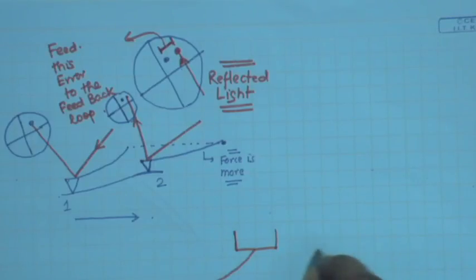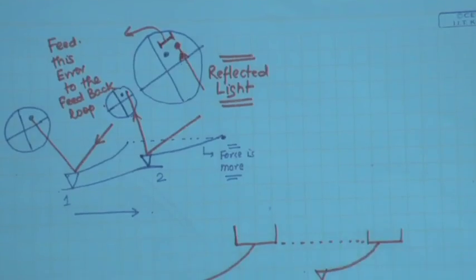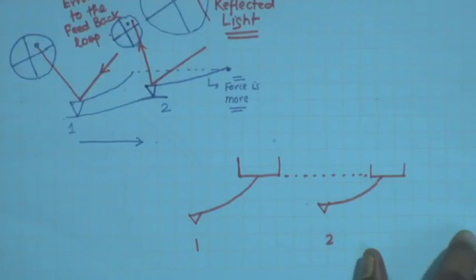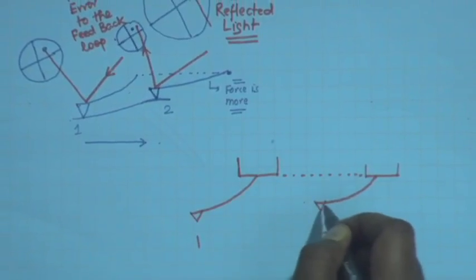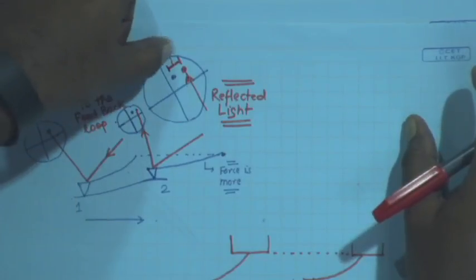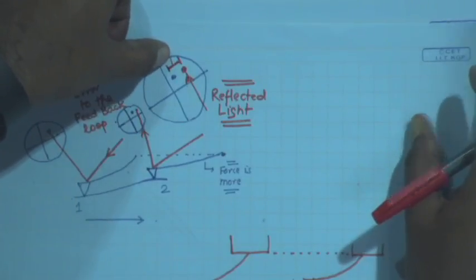As the cantilever has gone to point 2, its deflection has changed. This is 1, this is 2. Please note that these two are at the same level, right. So, only the deflection has changed, and now as a consequence of this change in deflection, there is in fact an error that gets generated in the QPD.